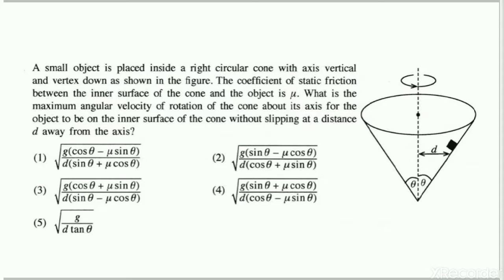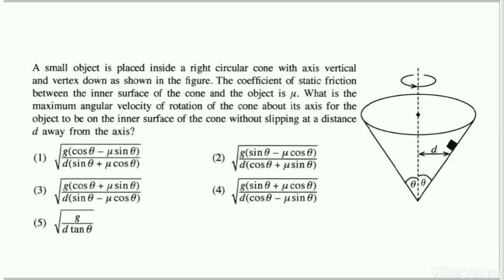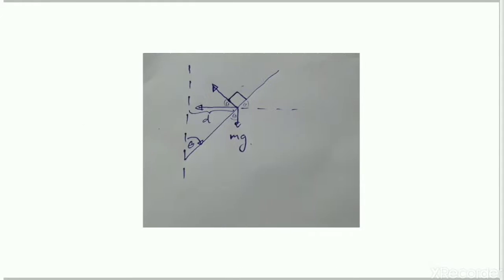So what you have to know is, if the cone is rotating, we have to consider the centripetal force is supplied by its weight and its friction. First we have to take the free body diagram of this picture. So we'll move on to this.